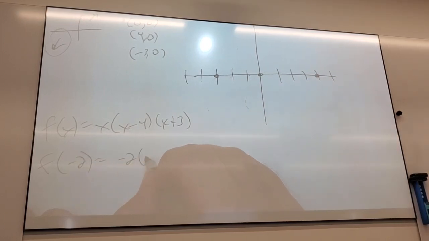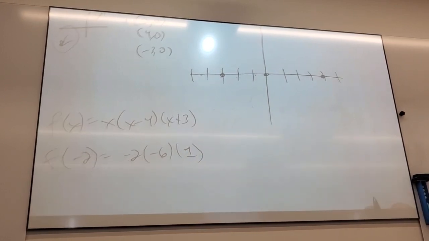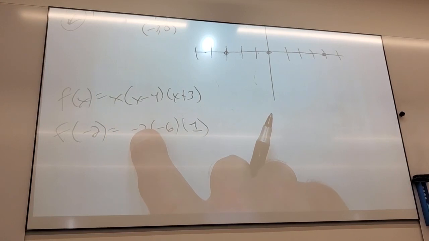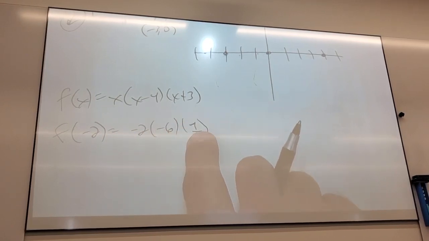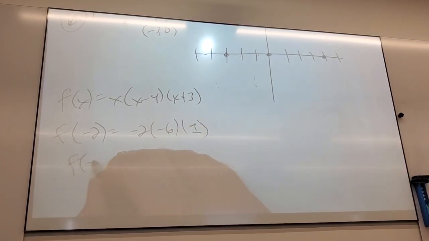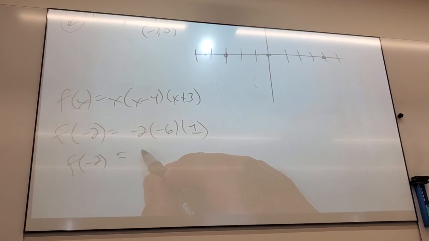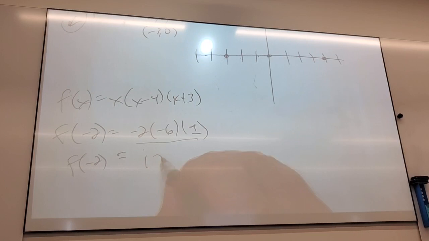I get -2 times -6 times 1. If x is -2, then -2 minus 4 is -6, and -2 plus 3 is 1. So what do I get for y? 12.